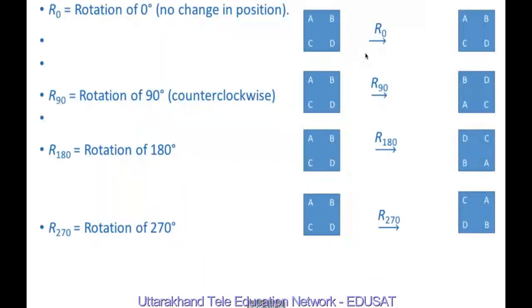So if we do not rotate this square, the position remains the same and we call this a 0-degree rotation. In a rotation of 0 degrees there is no change in the position of the corners.